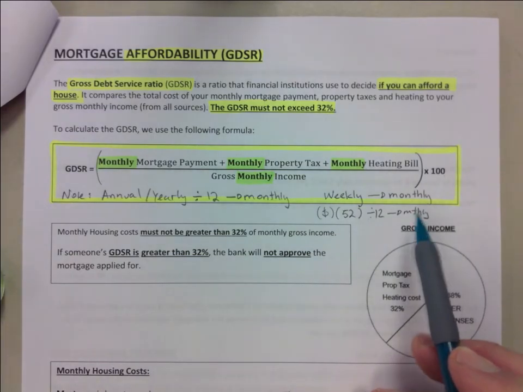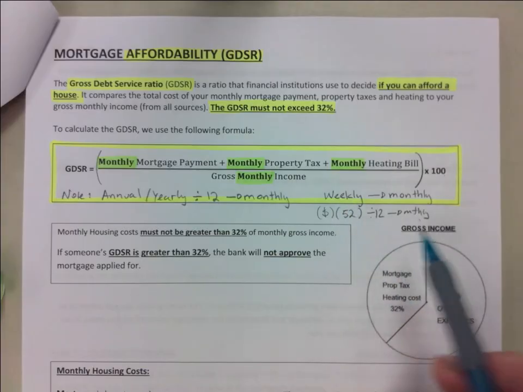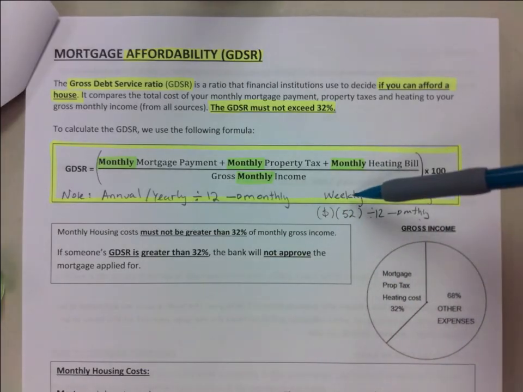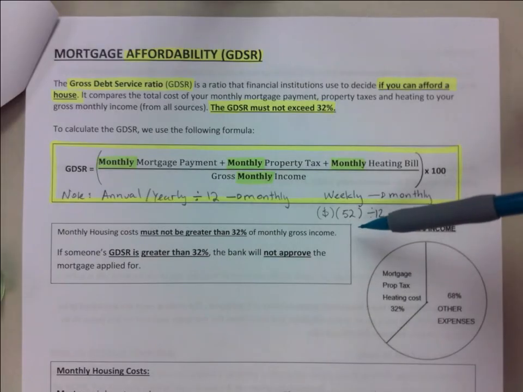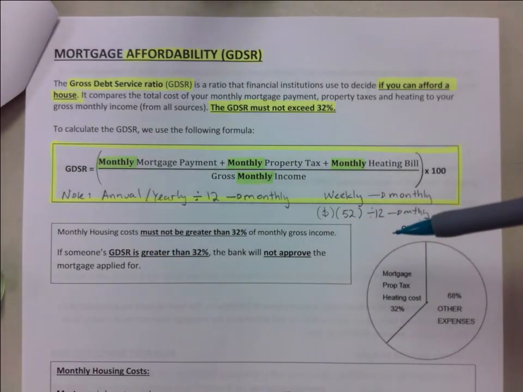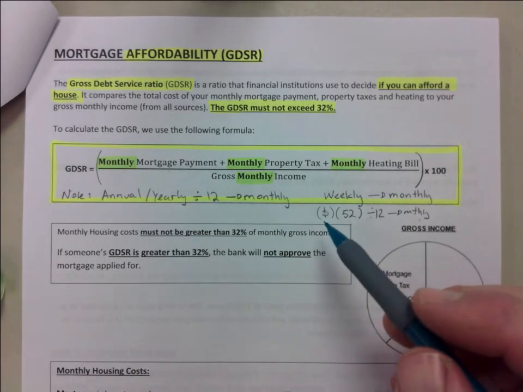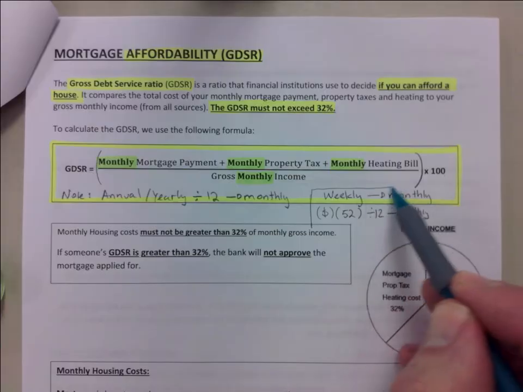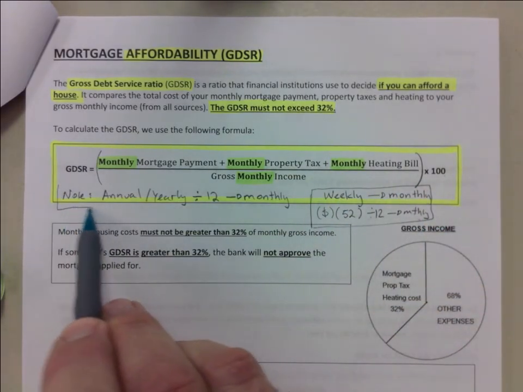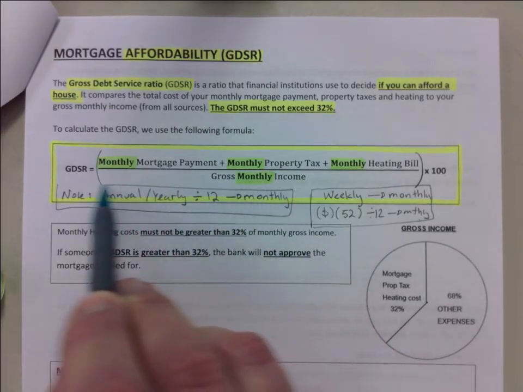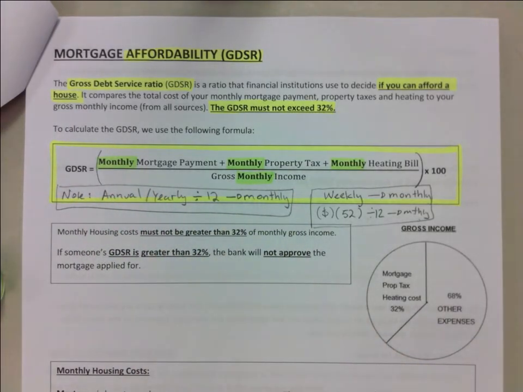And just to be safe, what if they had said bi-weekly? Times what? 26, do you know that? Bi-weekly, there's 26 bi-weekly periods, every 2 weeks. I don't know where to fit that. Maybe we'll do that later on our study sheet, okay? But this should be somewhere next to this, and this should also be somewhere next to this. I have to create more room here.